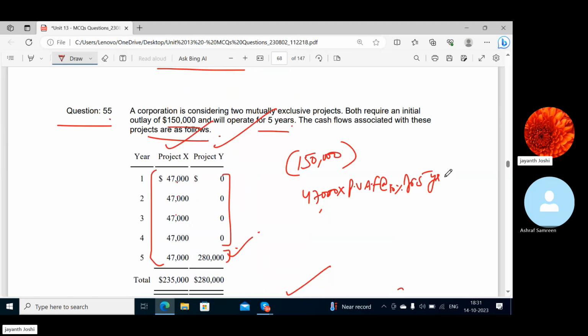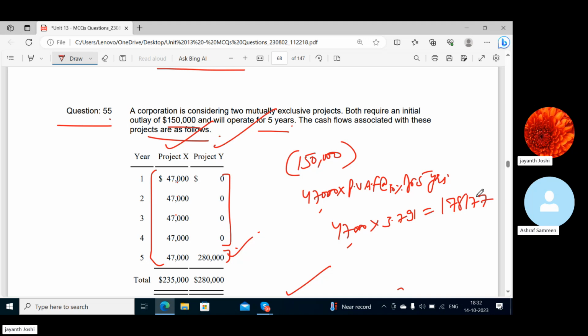Can you tell me the annuity factor? 3.791. What do you get if you multiply? 1,78,177.